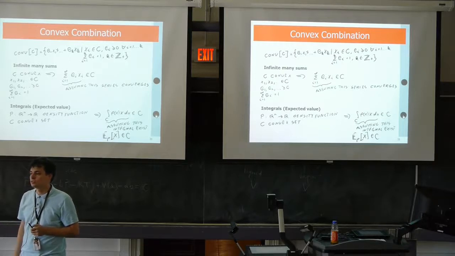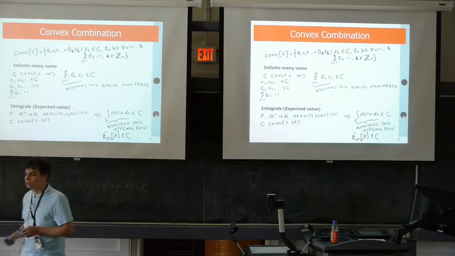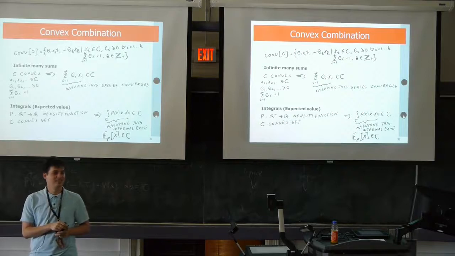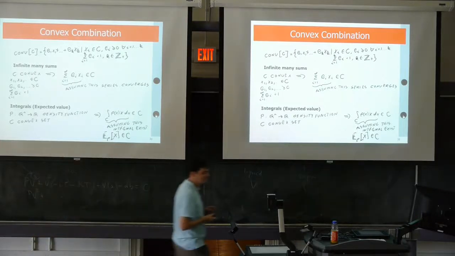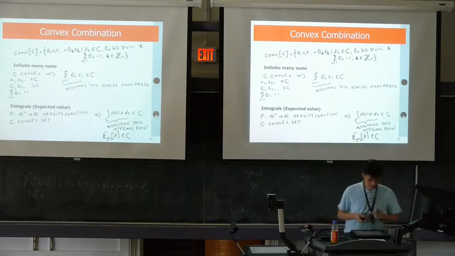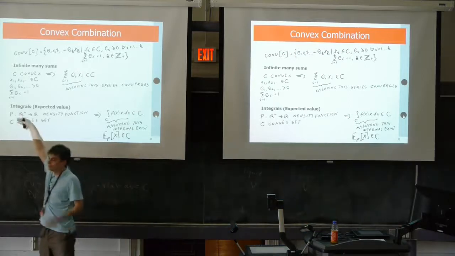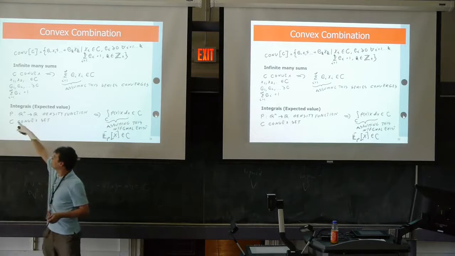So what I just wrote here is not even true. If I just write this here, then p and C have no relation between them. So the support of p is inside of C.